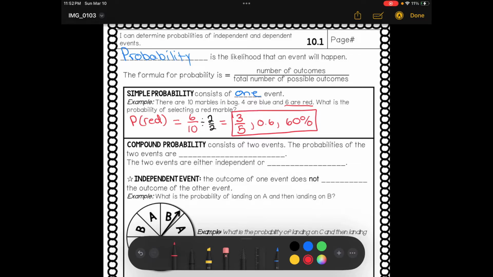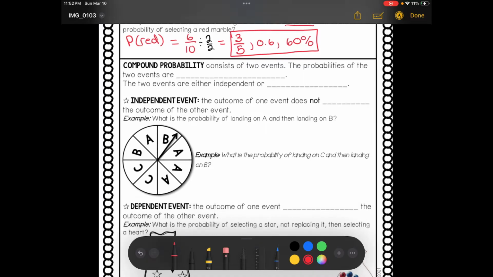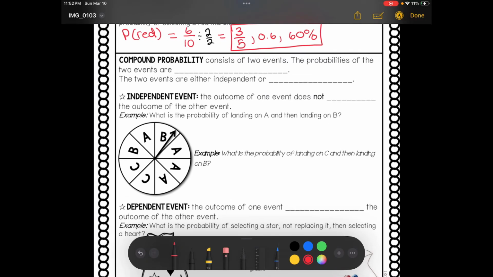Okay, so this week we're going to talk about compound probability. Compound probability consists of 2 events. The probabilities of the 2 events are multiplied together.